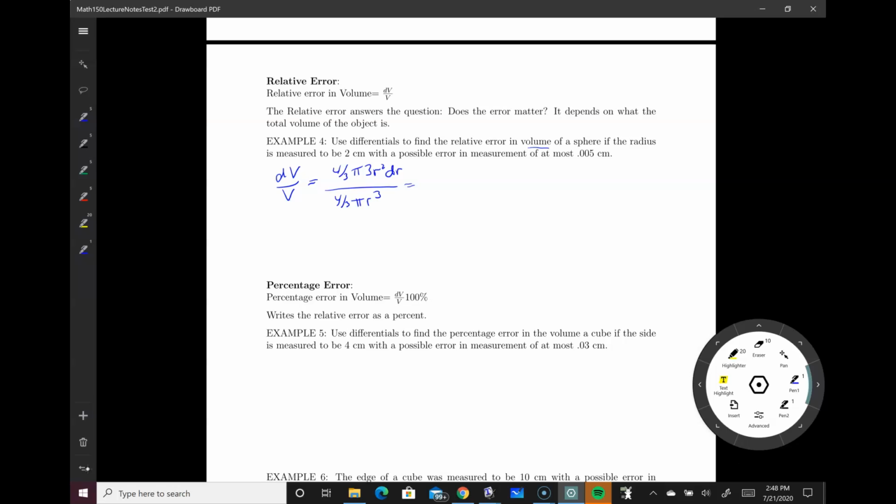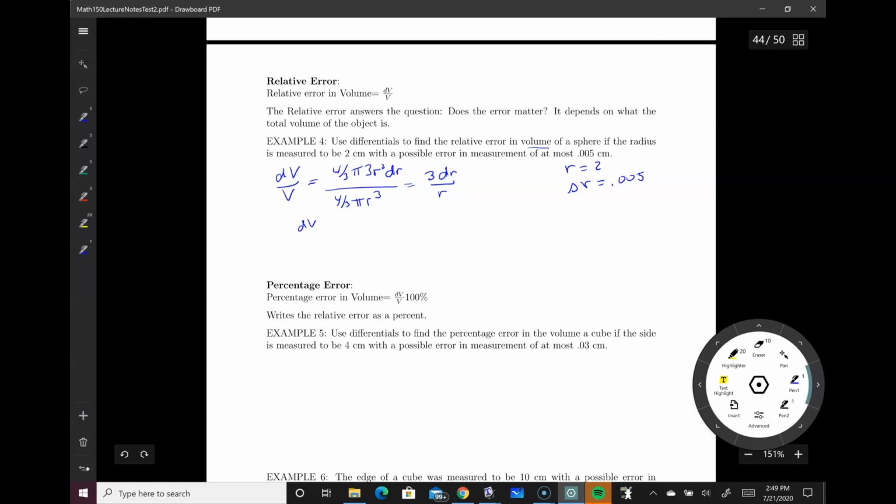So I see the 4/3, the pi's cancel. In the numerator, I'm left with a 3 and a dr. In the denominator, I just have an r. So now I can plug in what I have: the radius is measured as 2, and how much the radius is mismeasured is 0.005.